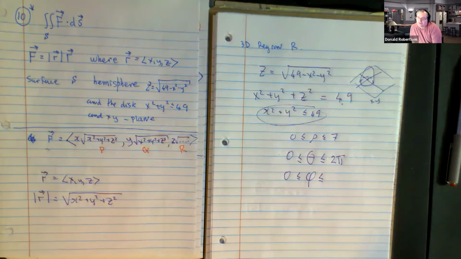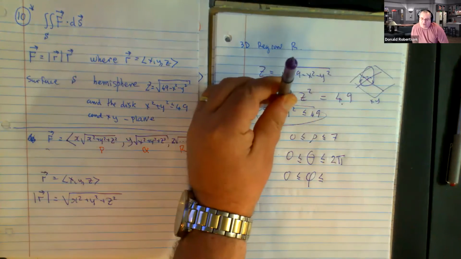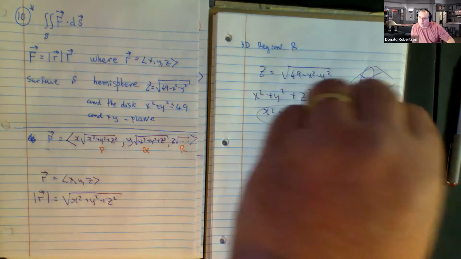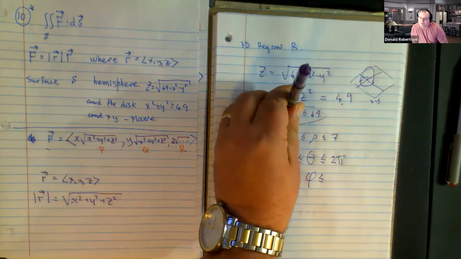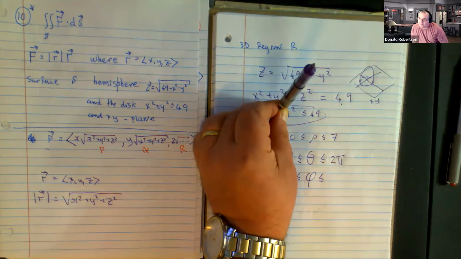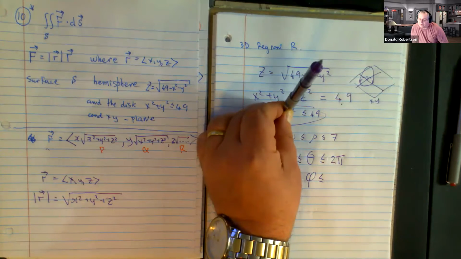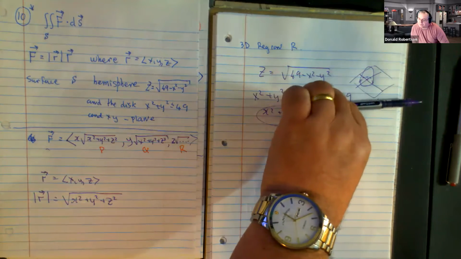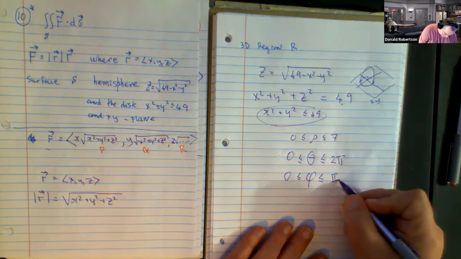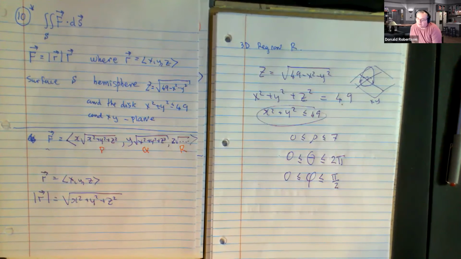The phi is not 0 to pi. Phi starts on the vertical axis and then you rotate this way. And if you want to get the whole sphere, you rotate all the way to the bottom, right? So that would be 0 to pi upon 2. You comfortable with that? Same as hemisphere. Phi is 0, the vertical, and then you finish when you get to here, right? That generates the entire hemisphere. And that guy is pi upon 2. Are we good? Yes, no, maybe? Any questions? Okay.